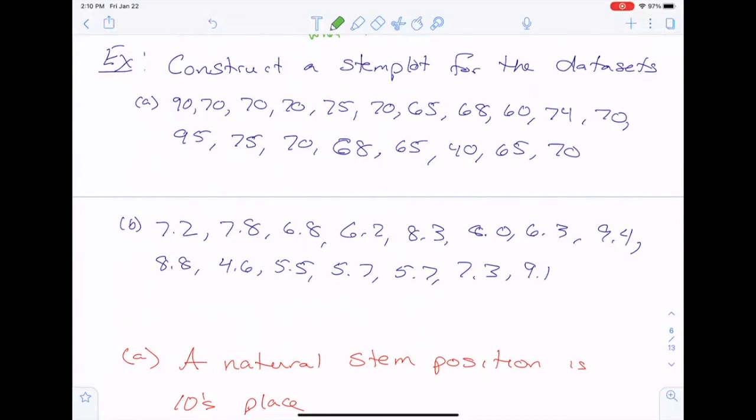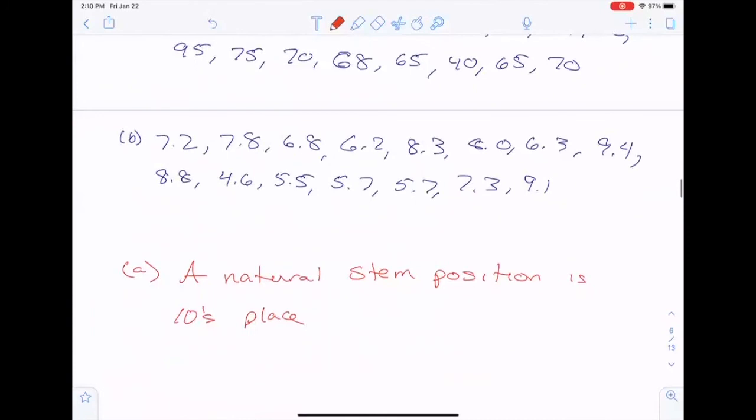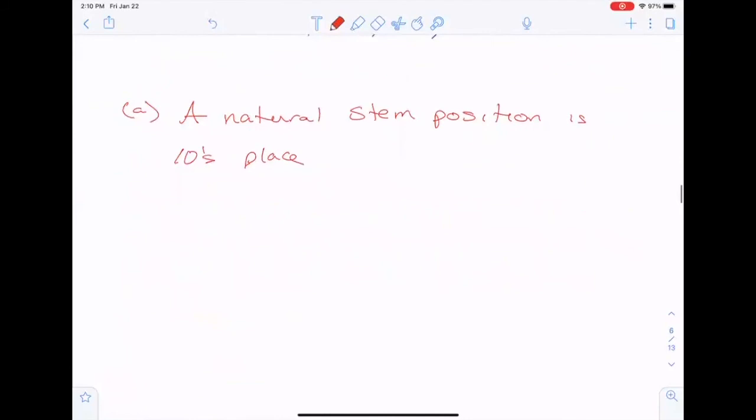For part A, a natural stem position is the tens place. So we'll put this vertical line down, and then list in descending order all of the different tens. We have values in the 90s, the 80s, the 70s, the 60s, the 50s, and the 40s.